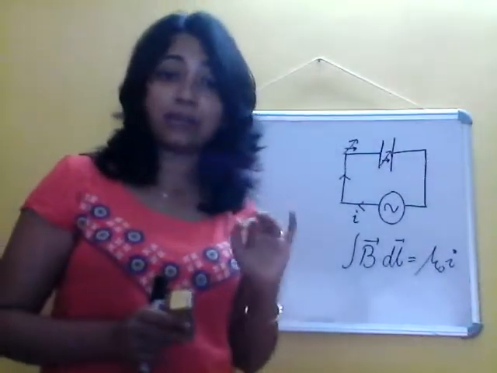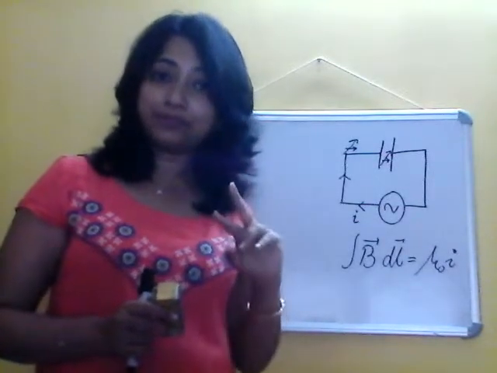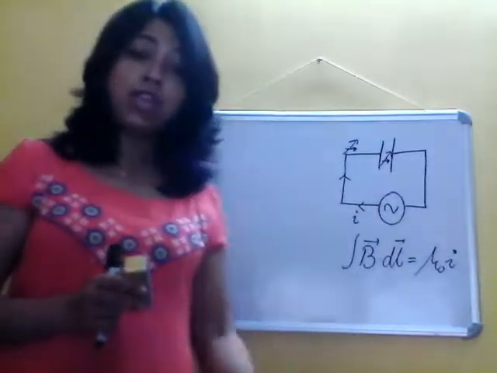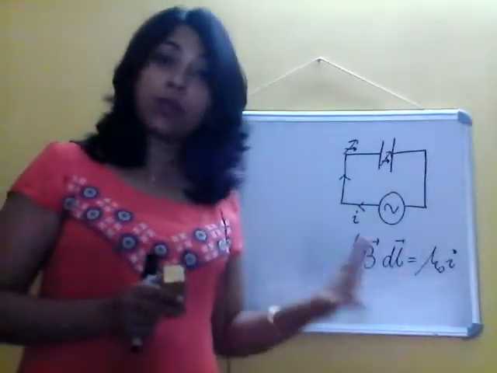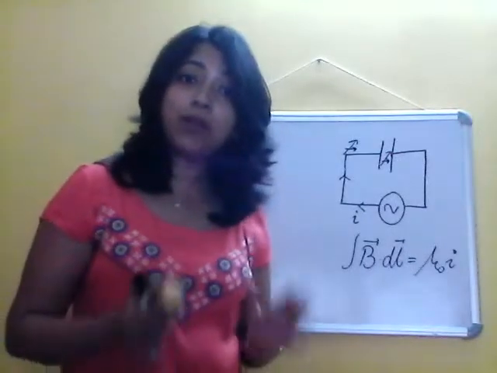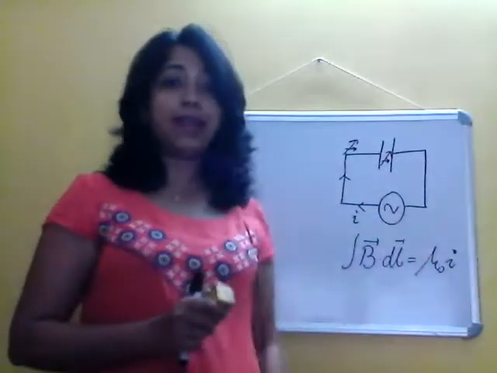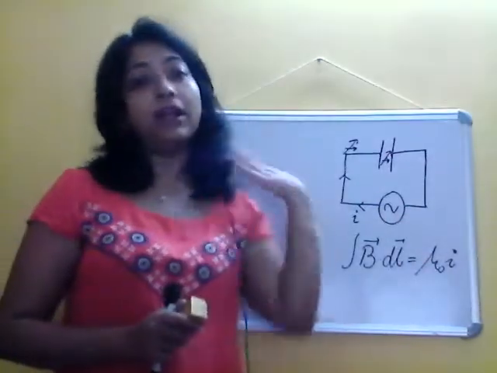And that was because it was an AC source. Remember, the AC, its polarity flips, right? So that was the cause. So when we are talking about the modification in Ampere's law, remember we are talking about a non-steady state source. All right, it is actually applicable for that.